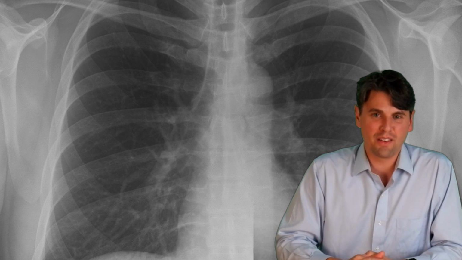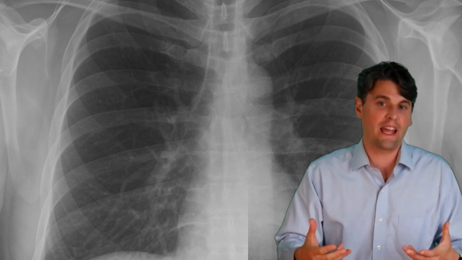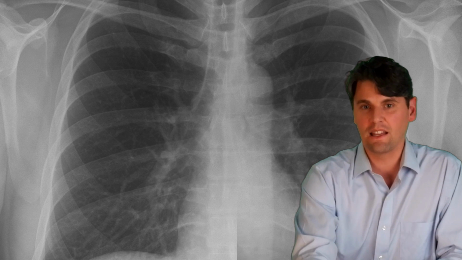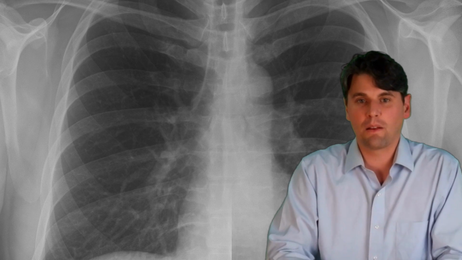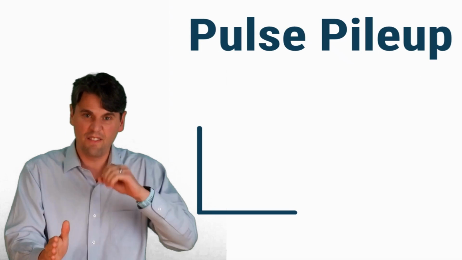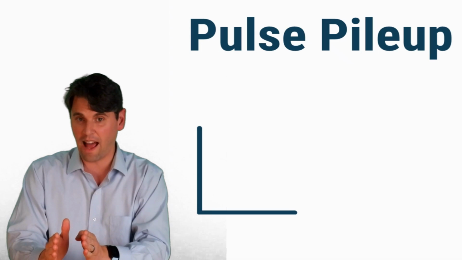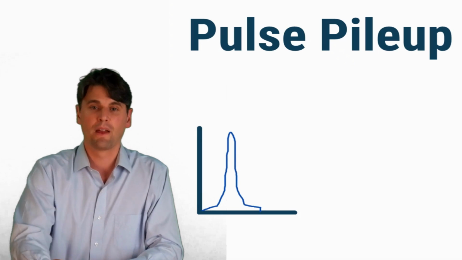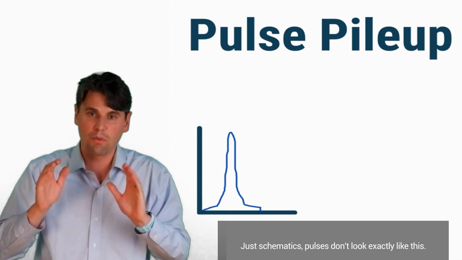Now that we know the schematic, we can talk about some of the challenges that we encounter when using photon counting in reality. The first one is going to be called pulse pileup. So what happens if one X-ray comes in and then very quickly, before the signal can get read out, another X-ray comes in? That's what we call pulse pileup. And there's no way to distinguish when that happens.